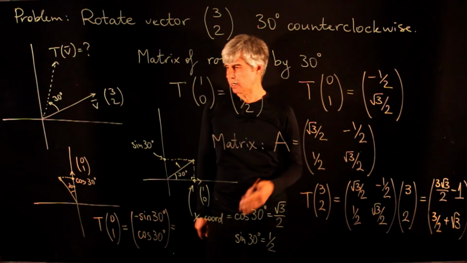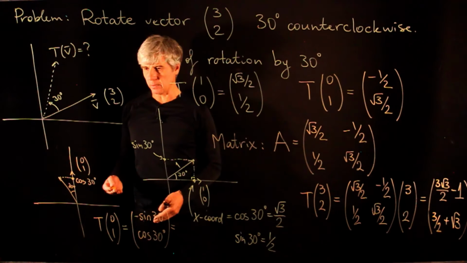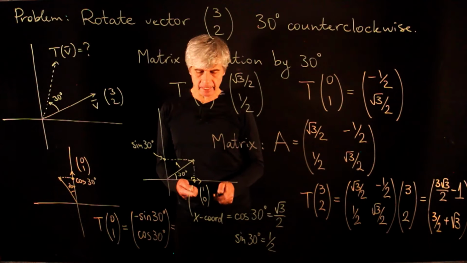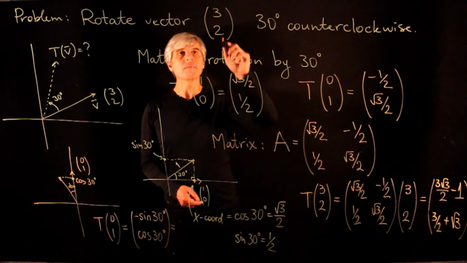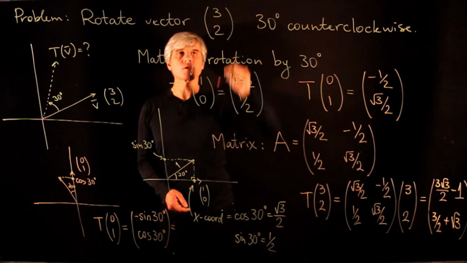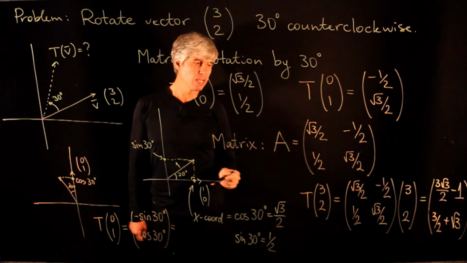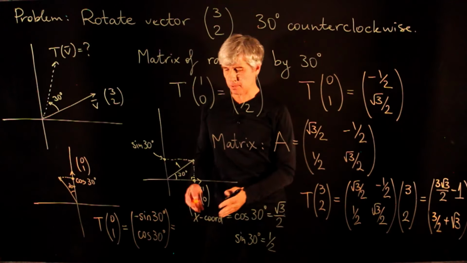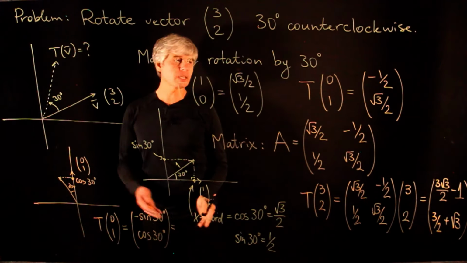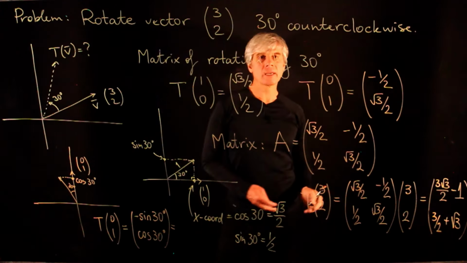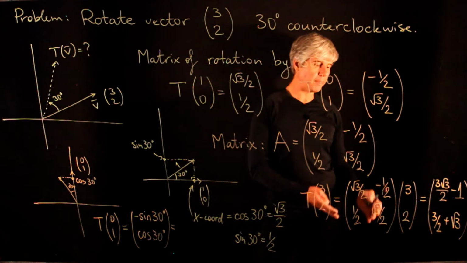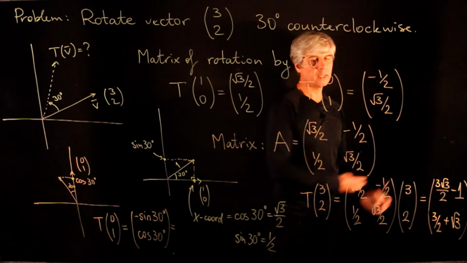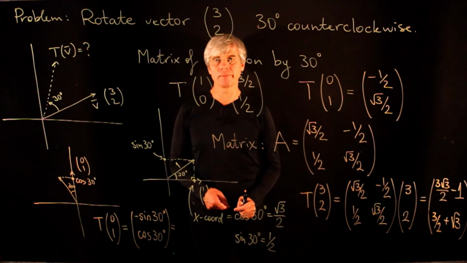So the idea here is that it is way easier to find the images of basis vectors than directly the image of a vector like (3, 2). And then once we found images of basis vectors, we obtain the matrix, and then we use our matrix multiplication. So we just multiply the matrix by a vector and get the answer to our problem.